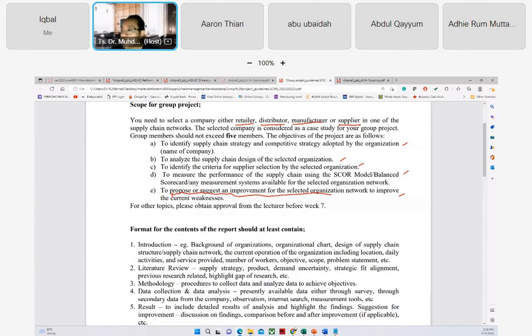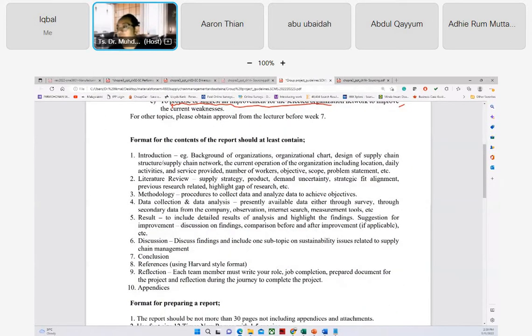All right. Okay, and then the format for the content of the reports, right? So what you have to do here is you have to have your introduction. This is number 1. Okay, that's the detail of it. So background of the organization, the org chart, the design of supply chain structures, how they do the networks.